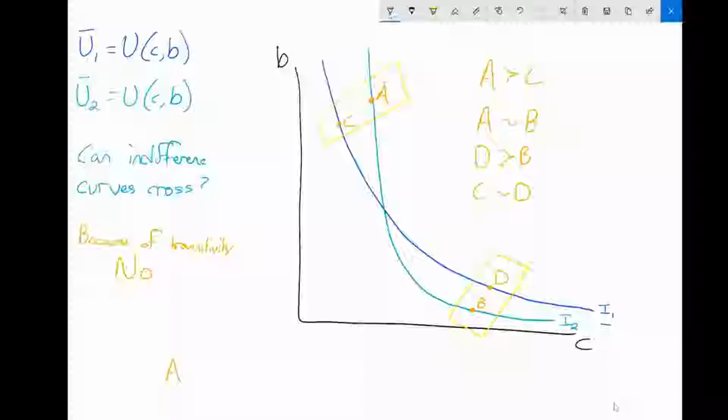So why don't we even put this in terms of utility?